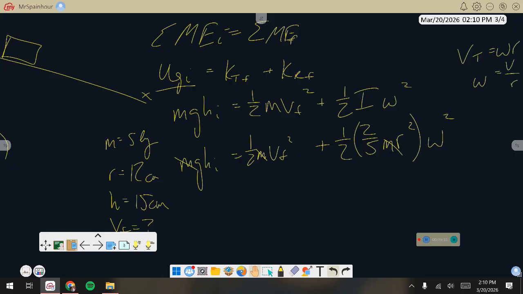So I'm just going to go back here and say I substituted omega is velocity over r. Now notice that I substitute before the square. Once you square this parentheses, don't forget everything inside gets squared, yes? So this should actually shortcut, if you want to do this immediately, to v squared over r squared.